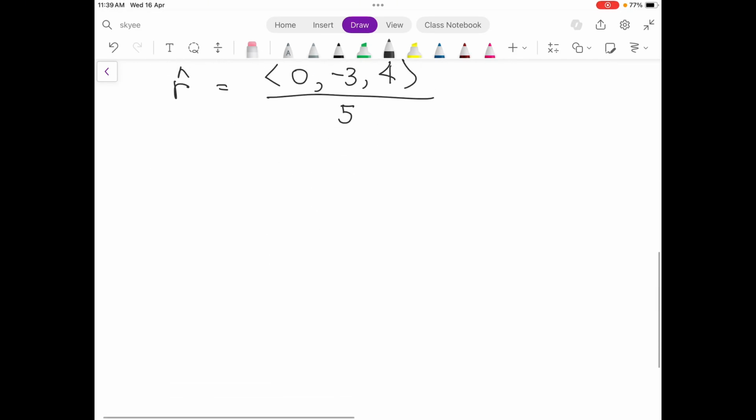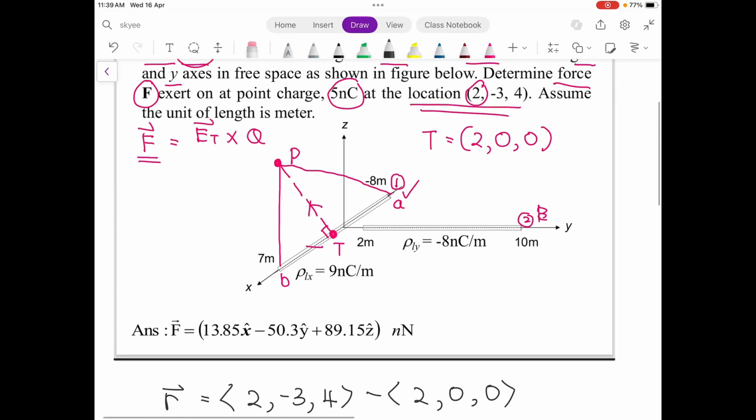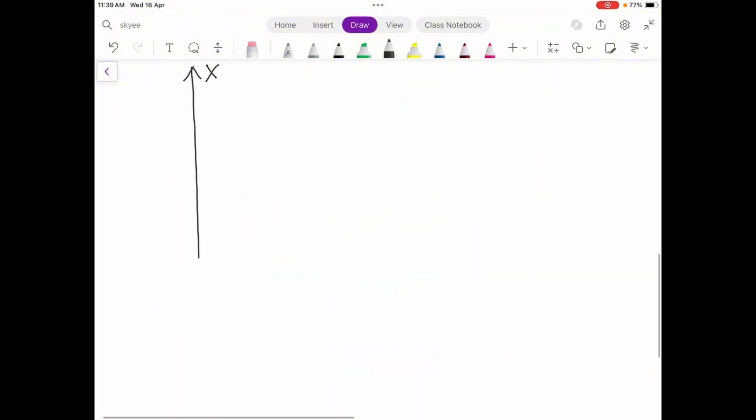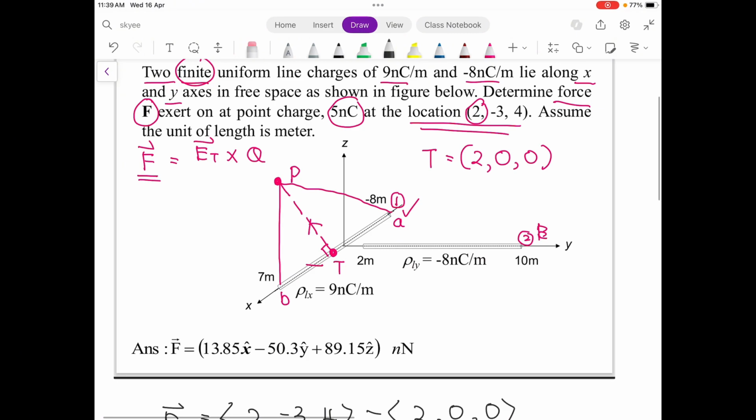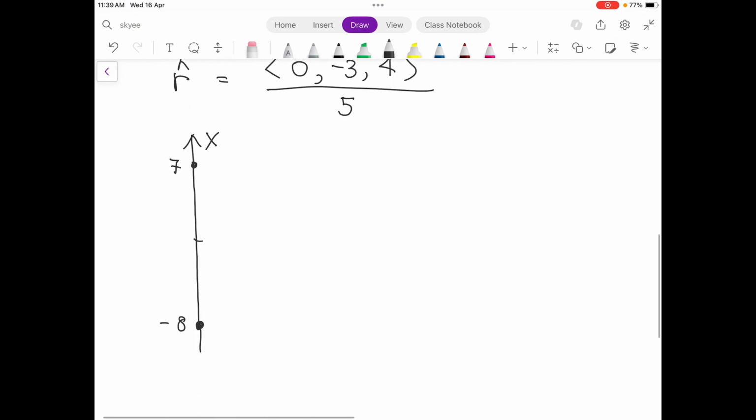Next we will be calculating alpha 1 and alpha 2. We are referring to the x-axis, and my line charge is from negative 8 to 7. So 7 is here, and negative 8 might be here. I need the observation point (2, -3, 4).